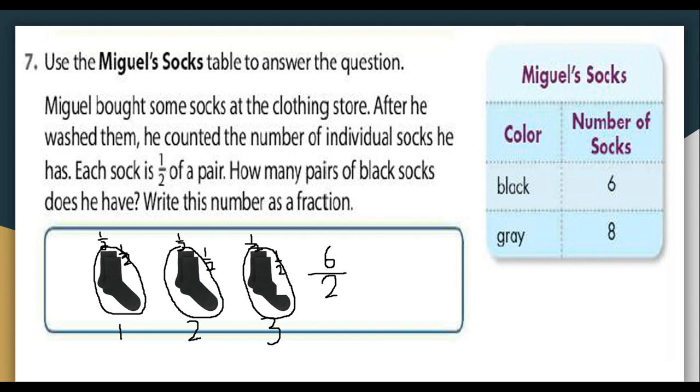So there are 3 pairs, as we stated, and the fraction is 6 halves because each sock represented a half of a pair.